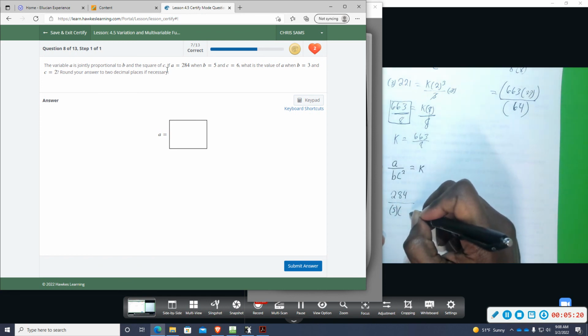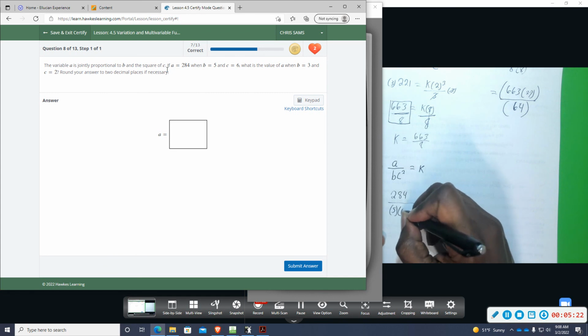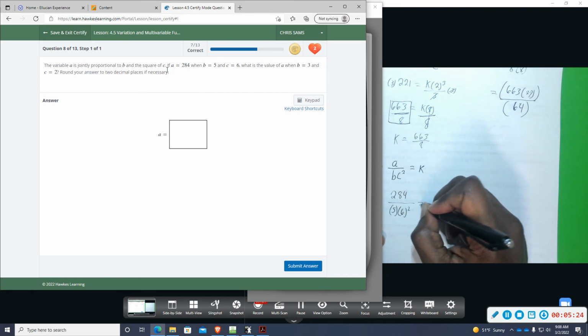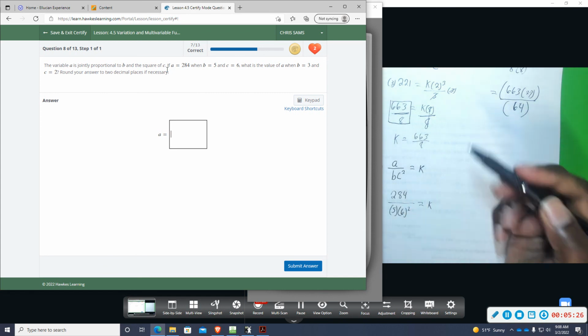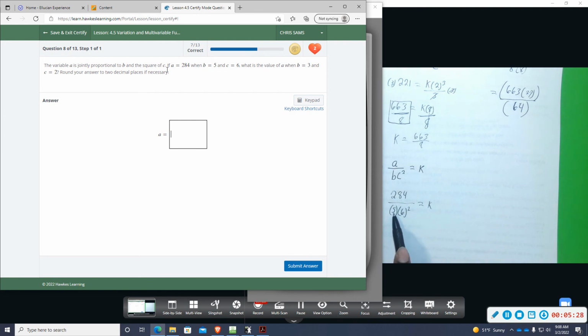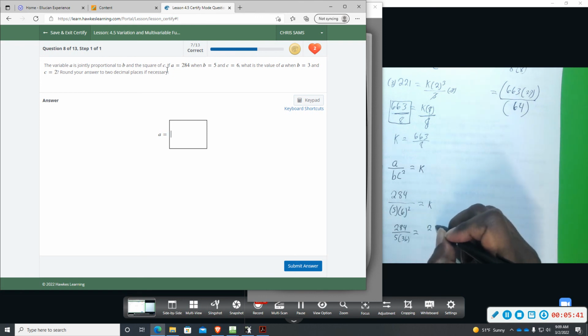And 5 is being multiplied times C, which is 6, and it is squared. This is equal to K. So if I simplify this, I have 284, and then 5 times 36, because 6 squared is 36. And then that will simplify: 284, 5 times 36 is 180.